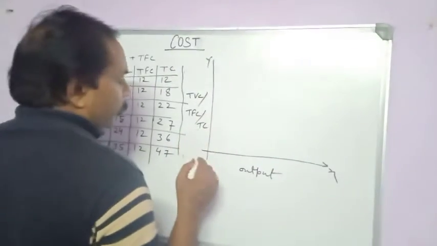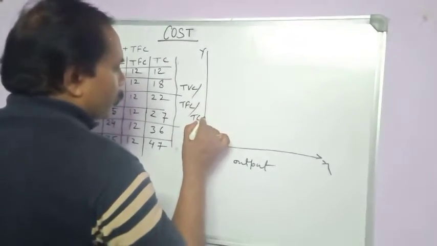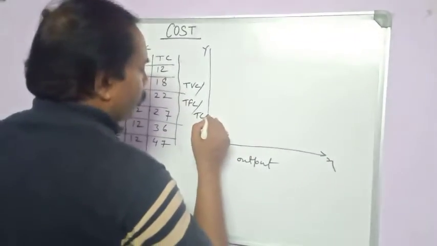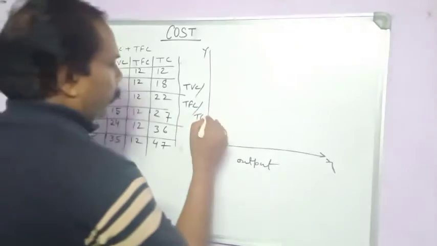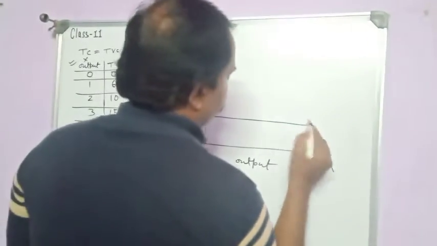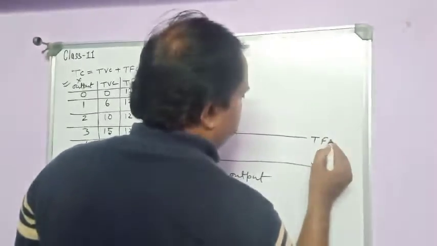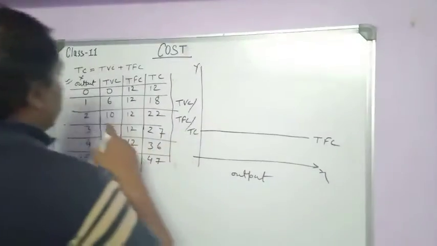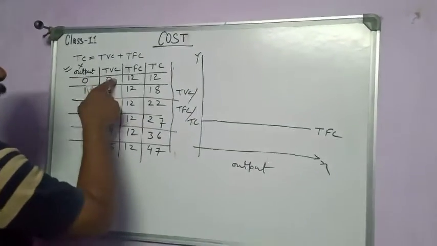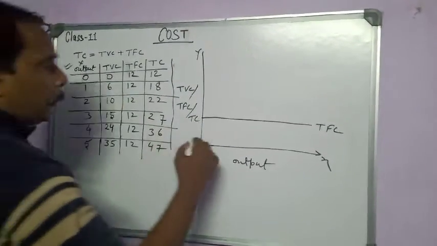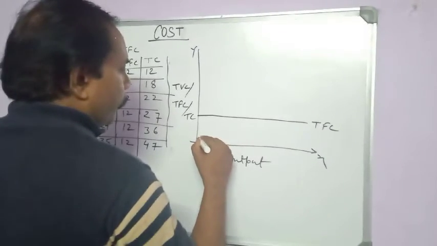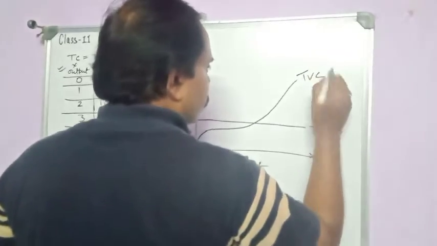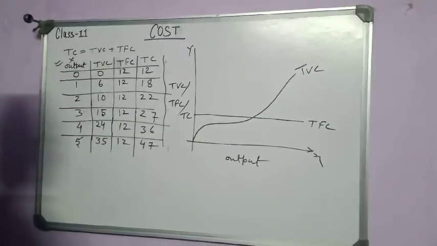So suppose this value is 12, so at all levels of output the value of TFC will remain constant. So this is the TFC. Clear? Now the TVC, when the output is 0, TVC is also 0, so it will start from the origin, that is TVC. Clear?